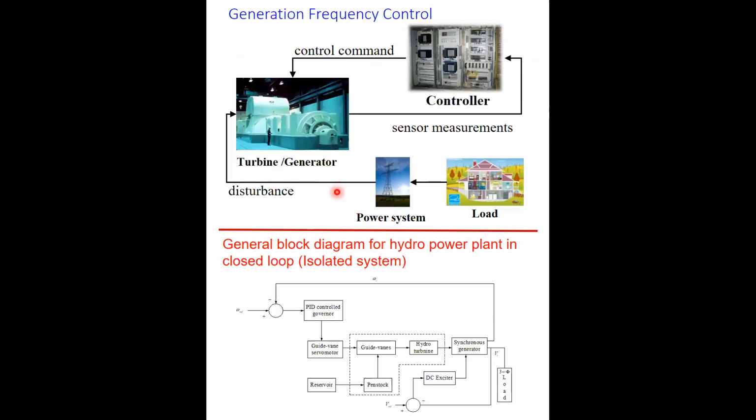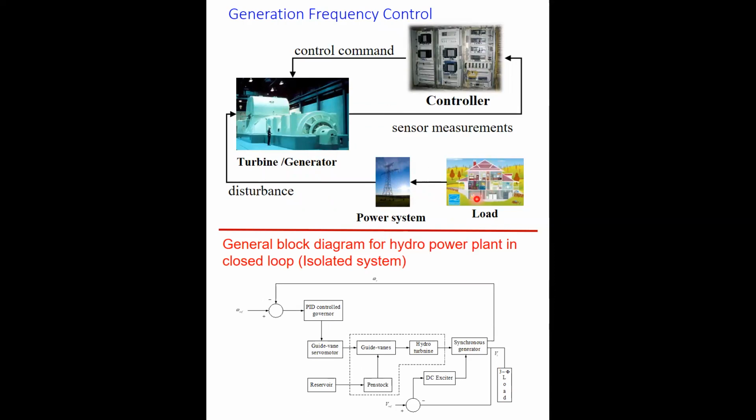In terms of components, as you can see, you have the turbine generator, we have the measurement of the speed signal, and then you have the controller, which will feed the command signal so as to regulate the output power of the turbine or generator. The generator is connected to your power network, and then you have the load here.